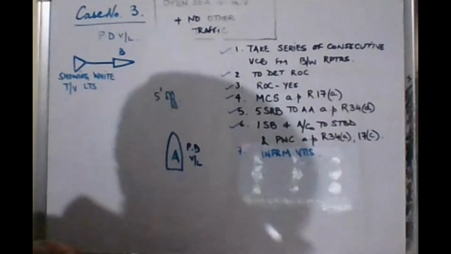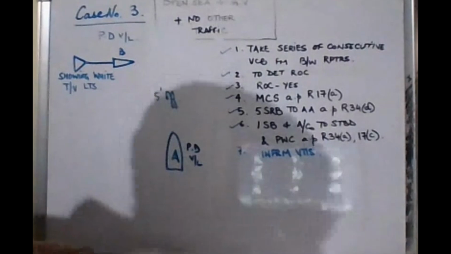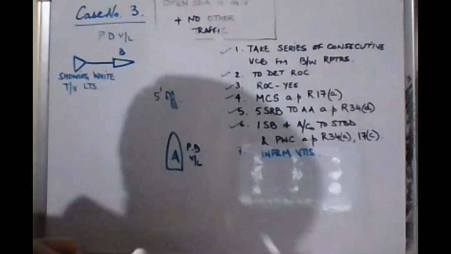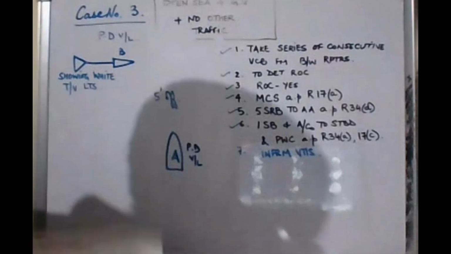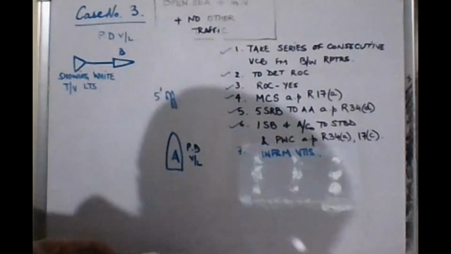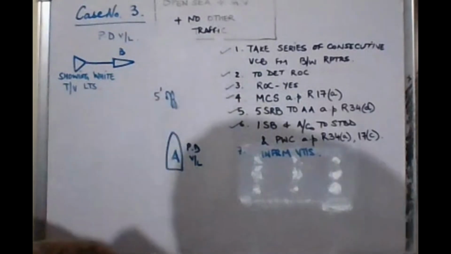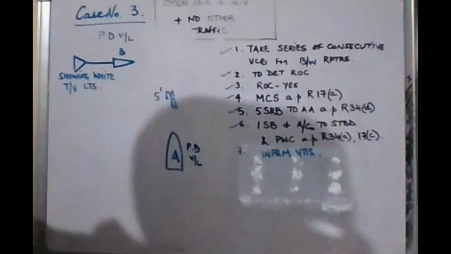Found it in rule number 24. 24A1: a power-driven vessel when towing shall exhibit, instead of the lights prescribed in 23A1, 2 masthead lights. And when the length of the tow exceeds 200 meters, 3 masthead lights. Is that okay?